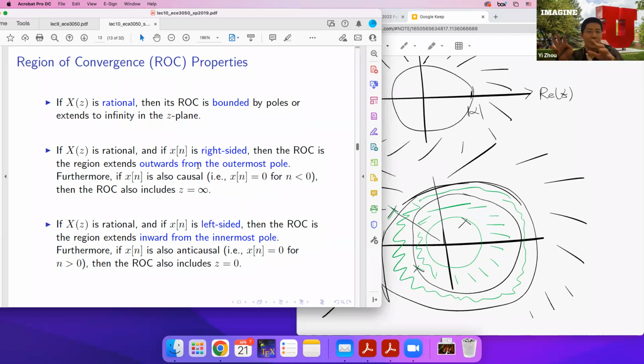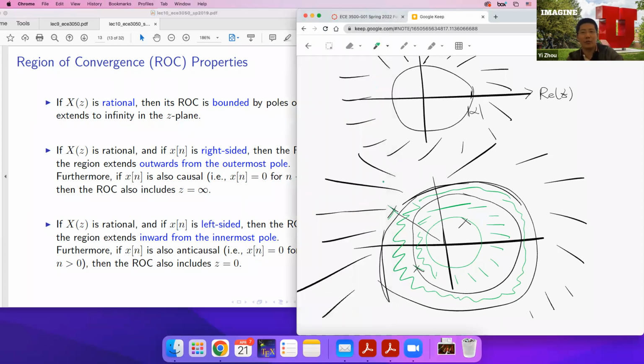And you may have multiple poles, so the only way that the ROC will not contain any pole is that the ROC should extend outwards from the outermost pole. So in this case, the ROC should extend outward from this biggest circle.